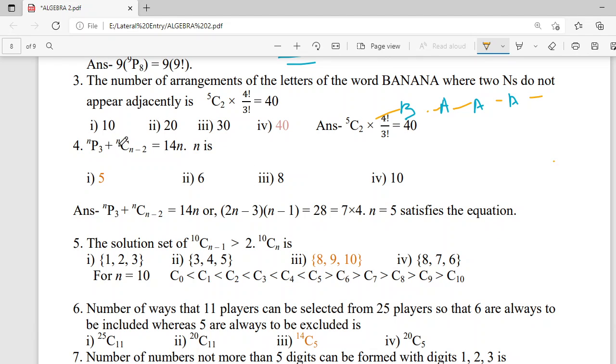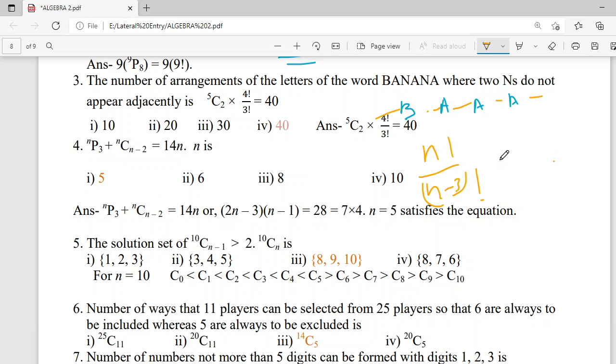nP3 plus n, see, you solve it. This is twice n minus 1 into the other term, and you can do it like this also. After simplification you have 2(n minus 3)(n minus 1) equal to 28, and you know how you will get it. nP3 means n factorial by n minus 3 factorial.